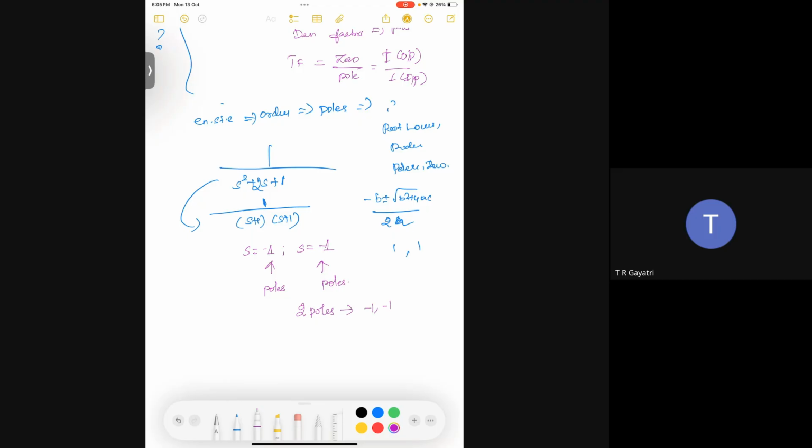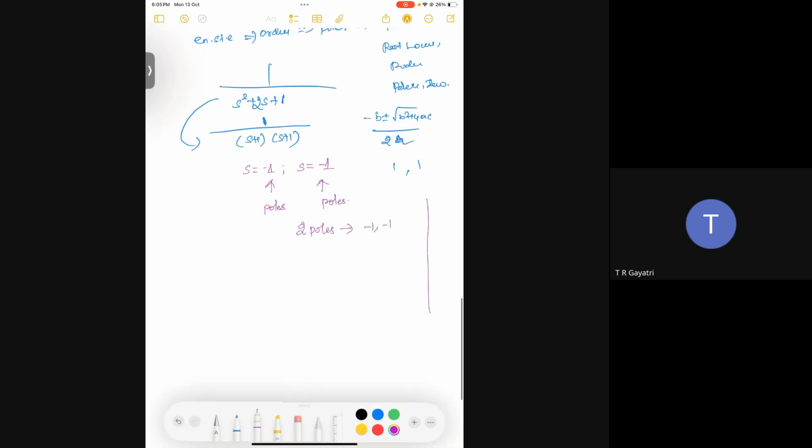That's how we interpret it. Whatever the system is, if you want to visualize it, we draw this as a zero, and this is the s domain, j omega, and this is sigma, the real part of the system.